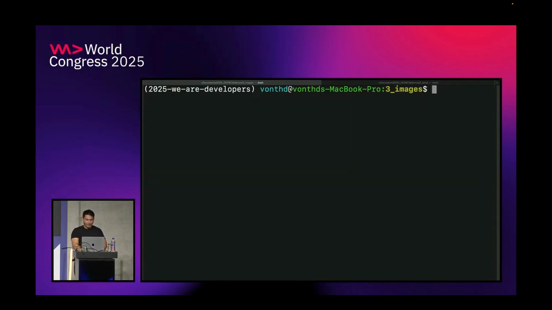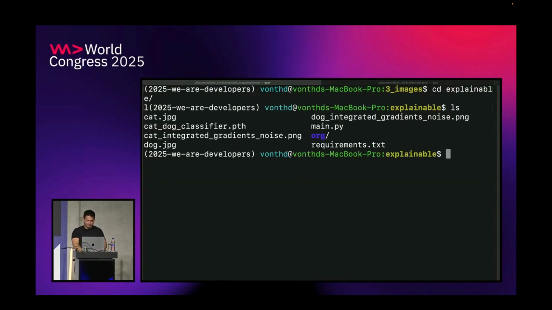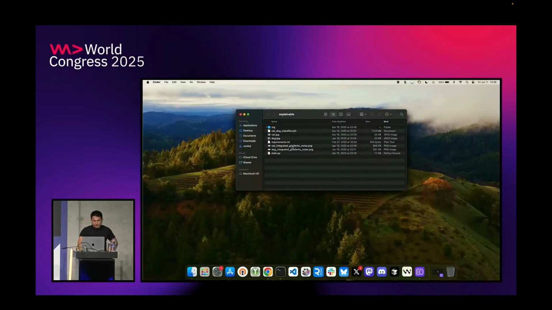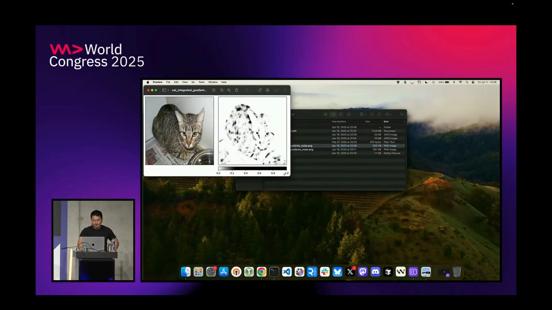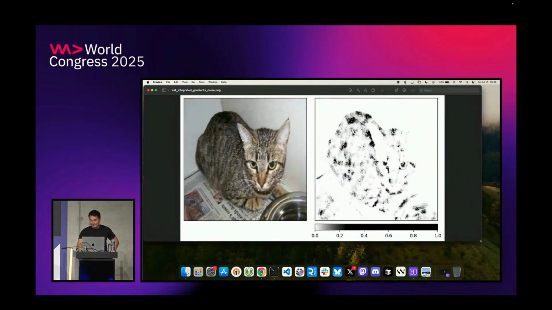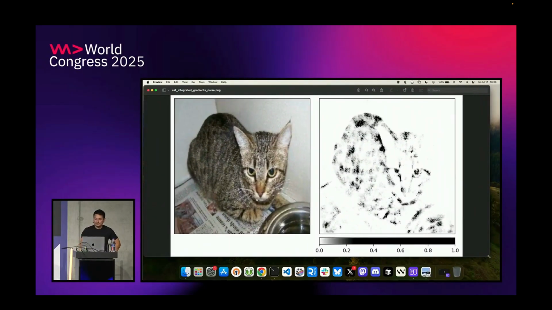So, what does that look like with Captum? So this is generated by Captum. The original image on the left, and all of the positive attribution for what identified this as a cat on the right. And you can see the cat's eyes, the ears.